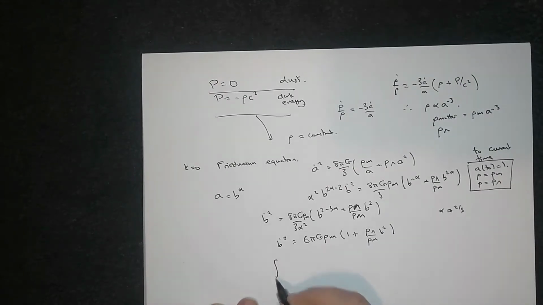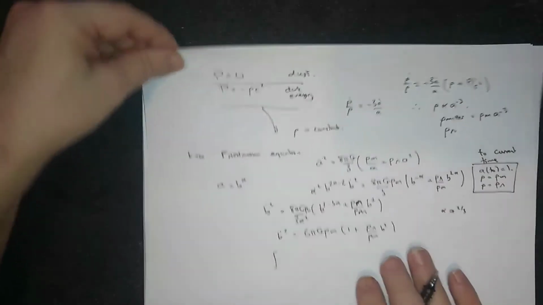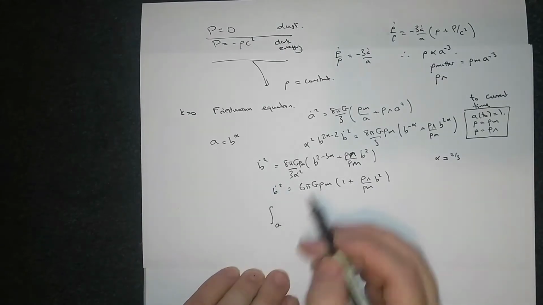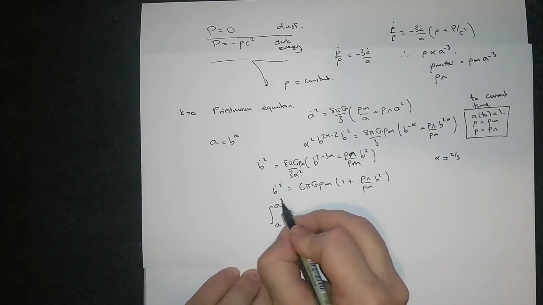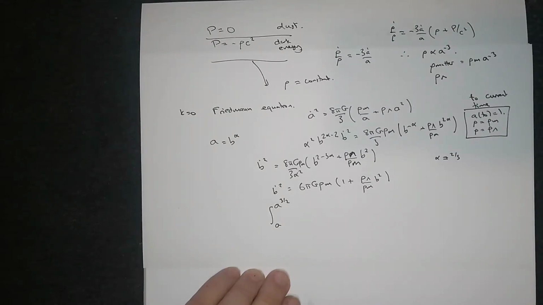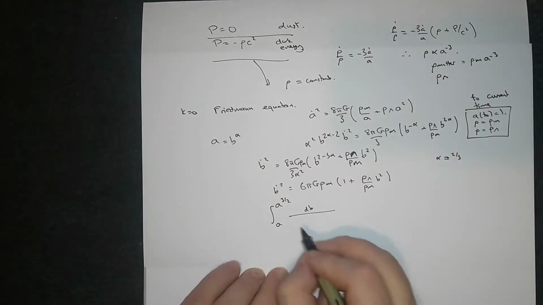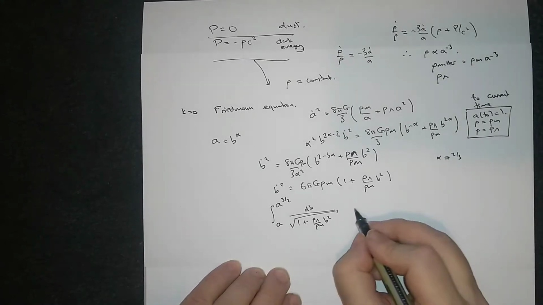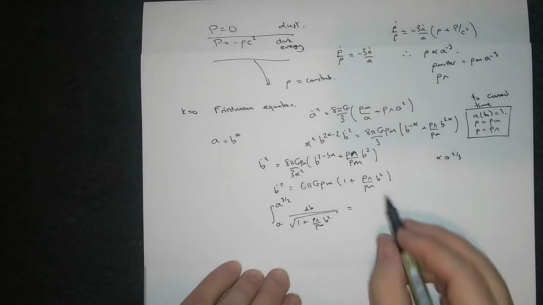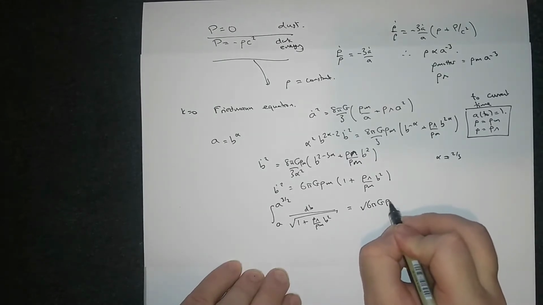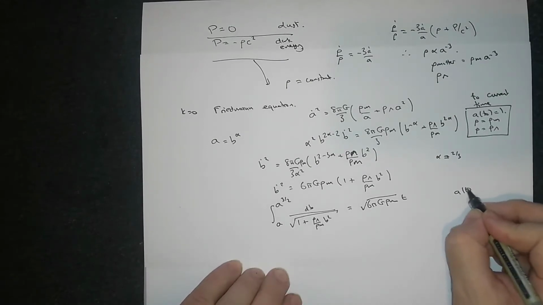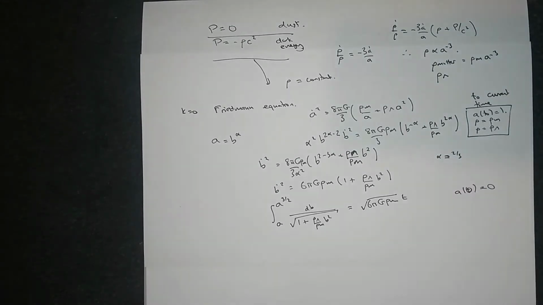Or integrating this, the integral from 0 to the top value for b, where b is a to the 3 over 2, db over root 1 plus rho lambda over rho m b squared, and that's equal to the integral of dt, which is just going to be t. We always measure time from 0 when there's a big bang.